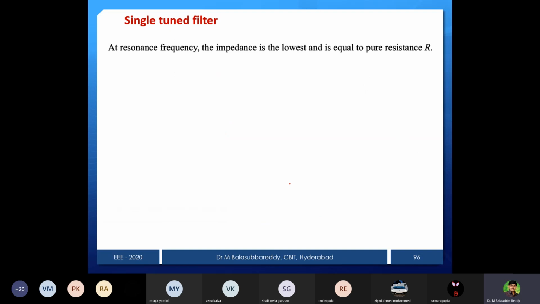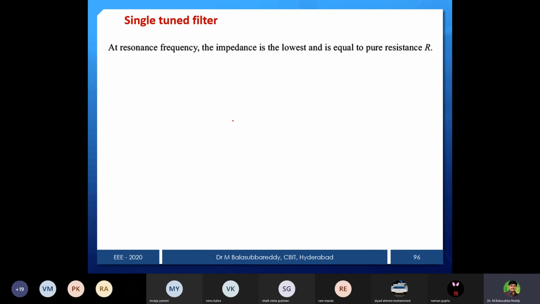At the resonance frequency, the impedance is the lowest and is equal to the pure resistance. Under the resonance condition, the impedance is very low, as you see in the impedance versus frequency diagram.